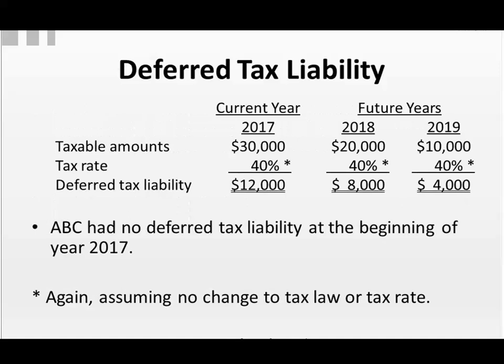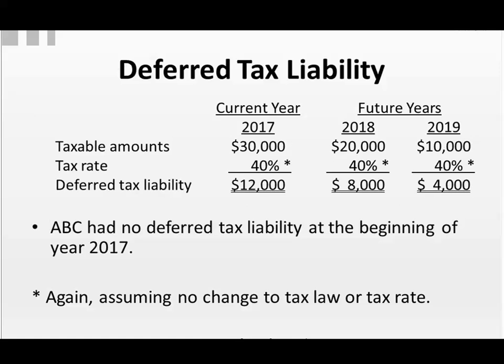So in the current year, we have $30,000 at 40% gives us a deferred tax liability of $12,000. And that's a liability we're going to pay in '18 and '19. How are we going to pay it? $8,000 in '18 and $4,000 in '19. And we're assuming there's no deferred tax liability in the beginning. Again, it also assumes there's no change in the tax laws.